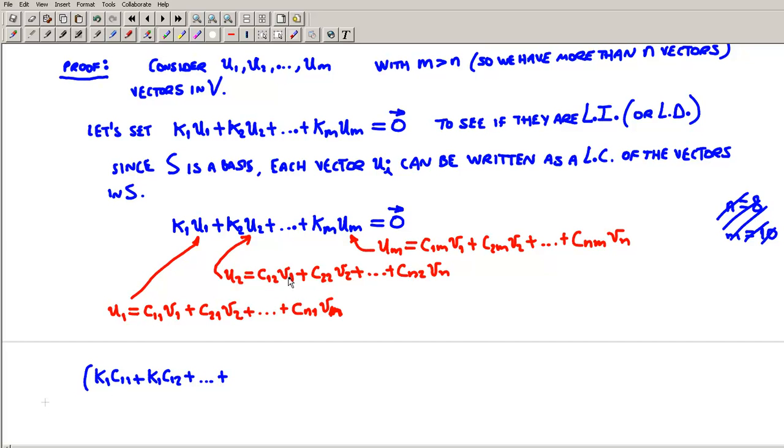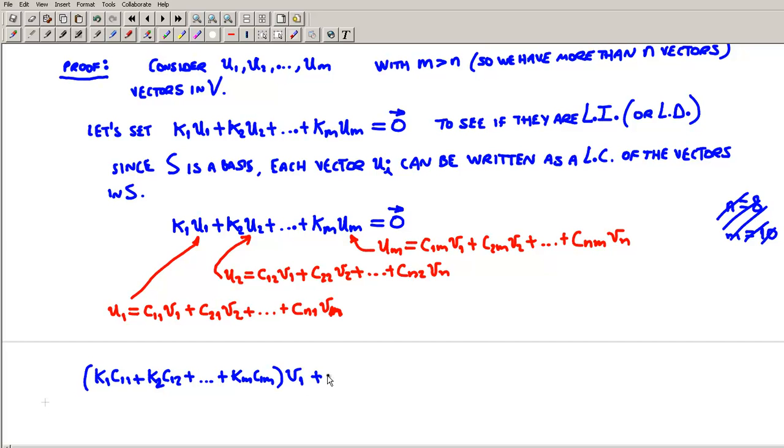Another coefficient for v1 would be k2 times c12. So this is actually k2 here. Another coefficient would be k3 times c13, and so on, until I reach the last coefficient for v1, which is km times c1m. These are all the coefficients for v1.